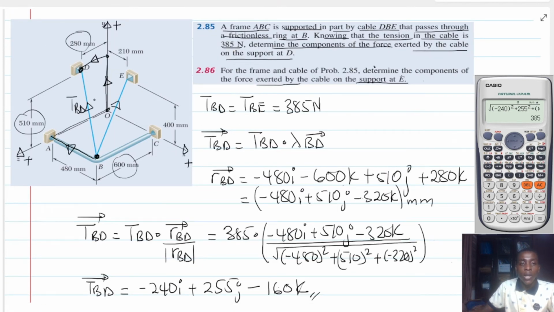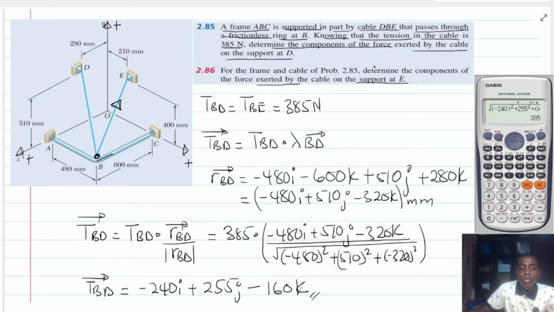So, okay, let me clean this. Now, this time around, I want to actually move from B to E in that direction. Okay, so I would first of all move in this direction, which is 600, and then it is again the z component.